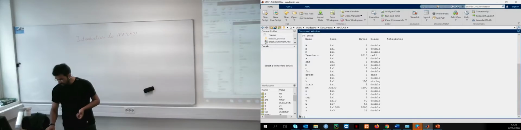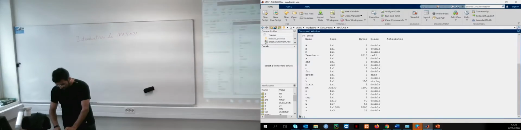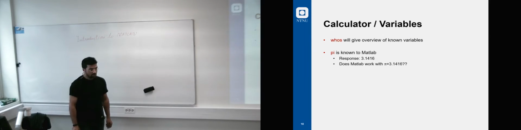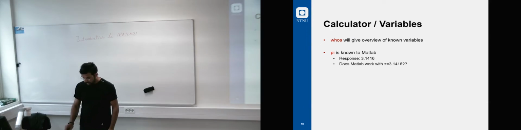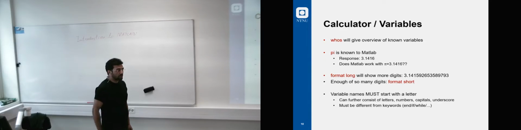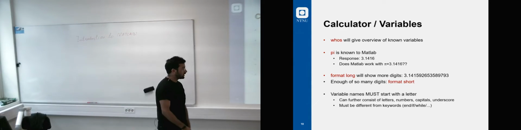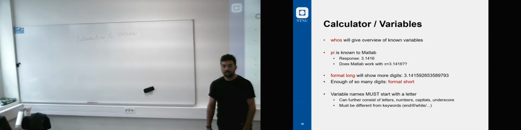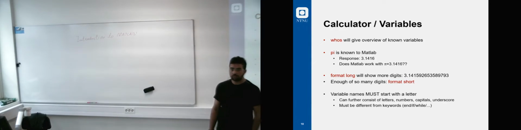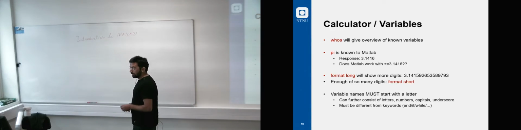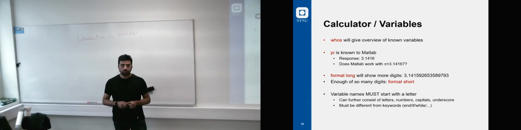Here you got the value of pi. Then if I say pi equal to some other value, can you do that as well? You wrote pi and hit enter, and it gave you the answer 3.1416. But you can set a new value to pi as well.